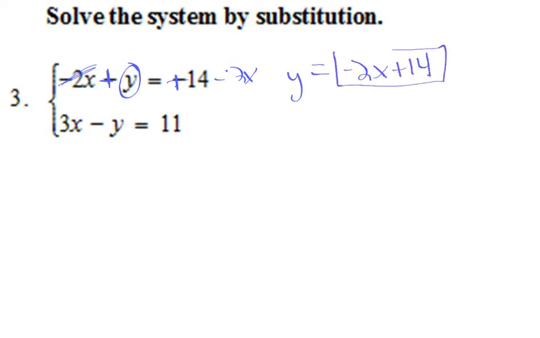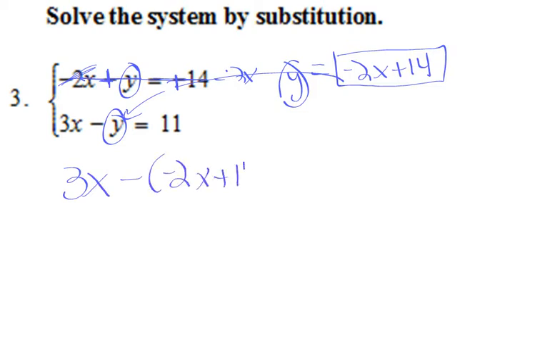So we're going to take everywhere we see a y in the next equation, and we're going to replace it with negative 2x plus 14. So that would be our substitution. We're going to go 3x minus our y, which is negative 2x plus 14, equals 11.